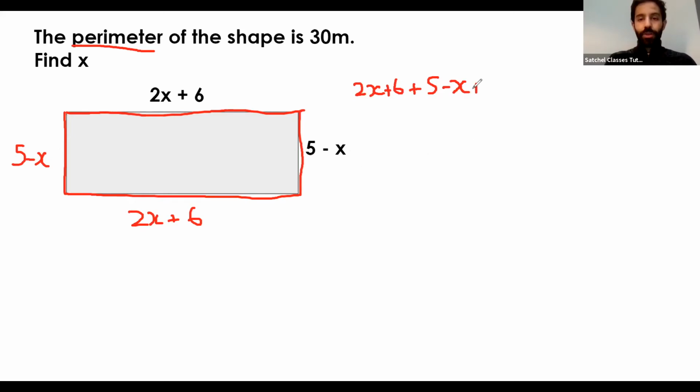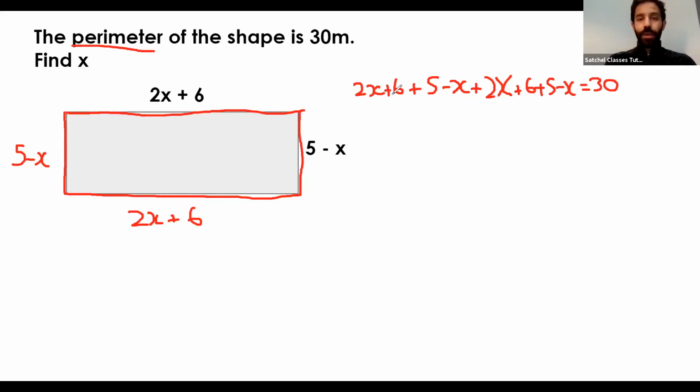And then plus 2x plus 6. And then finally plus 5 minus x. And that will be equal to 30. Sorry if I've written that a bit too high up.